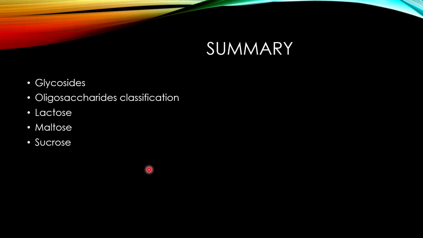We talked about maltose, which is made up of 2 glucose units, and forms a star shaped osazone. And lastly, sucrose, which is made up of glucose and fructose. The first carbon atom of glucose reacts with the second carbon atom of fructose, so both functional groups are occupied in bond formation. Hence, sucrose is a non-reducing disaccharide.